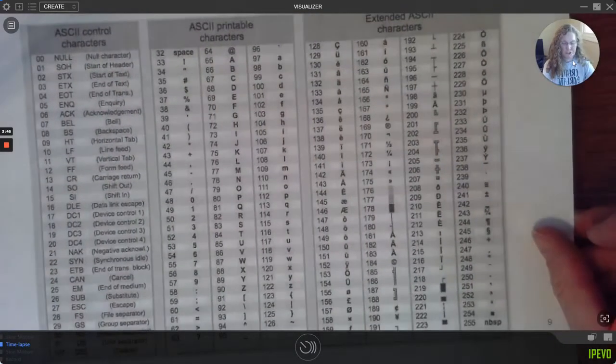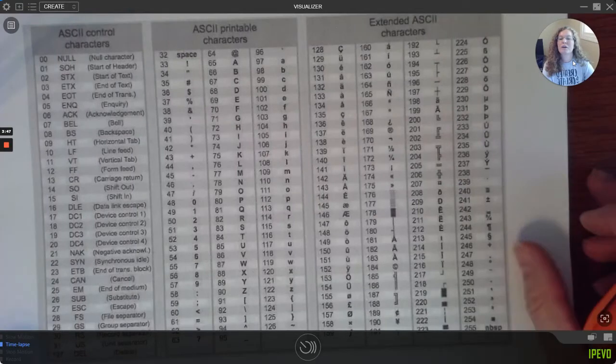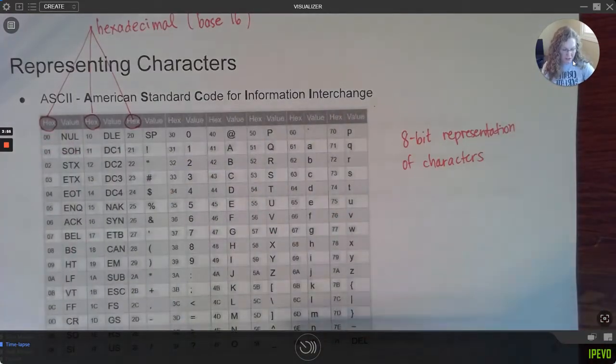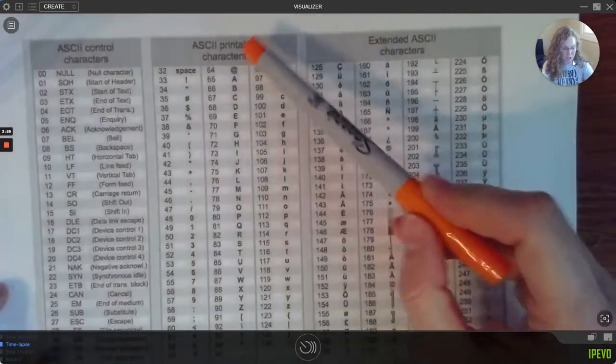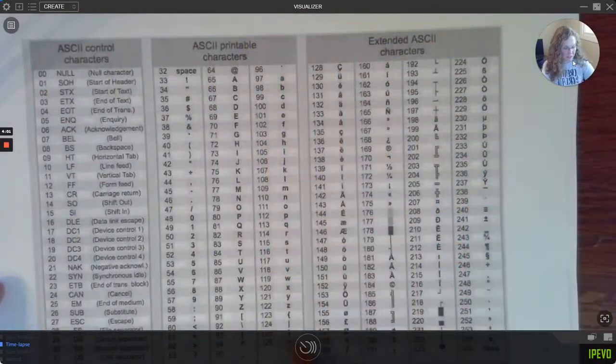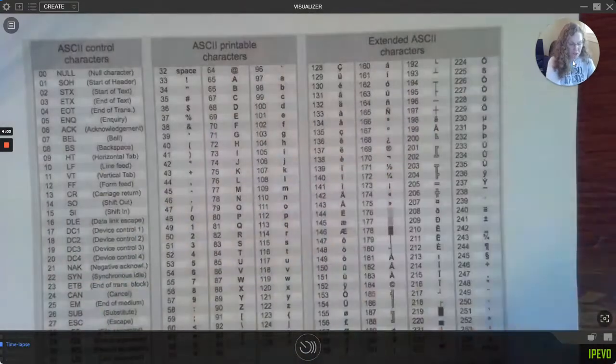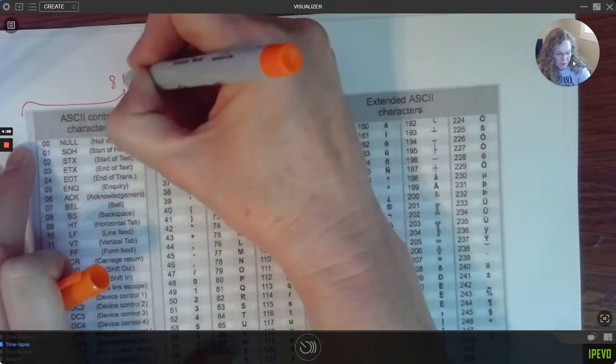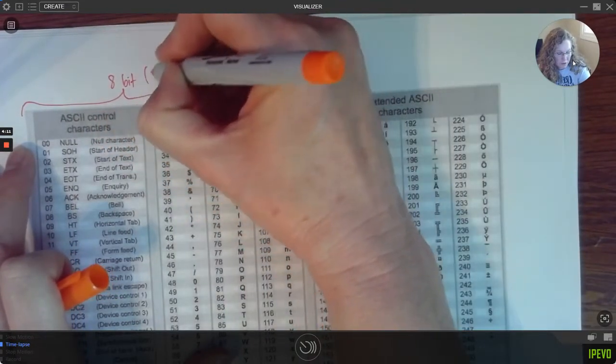This version of the table groups the characters into control characters, which are mostly these ones, and then there's one at the end that's a control character as well, and printable characters. These ones here are our 8-bit characters, or 1 byte.